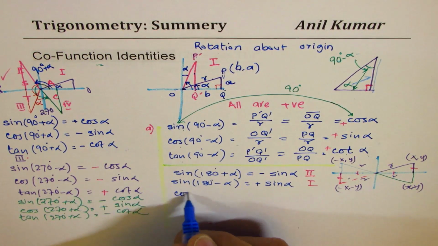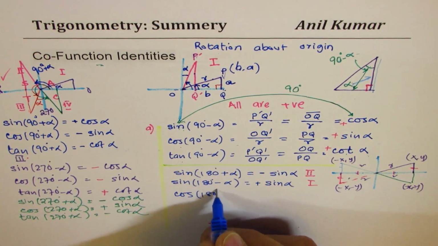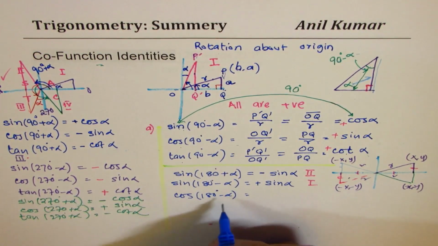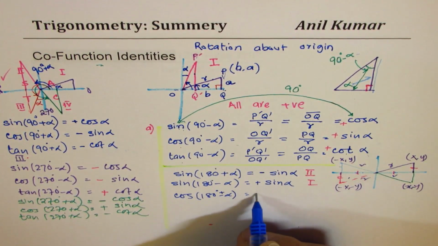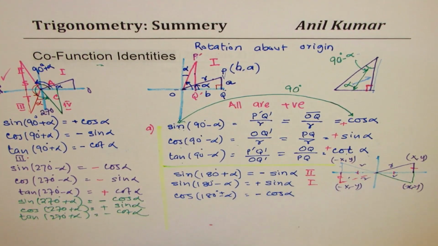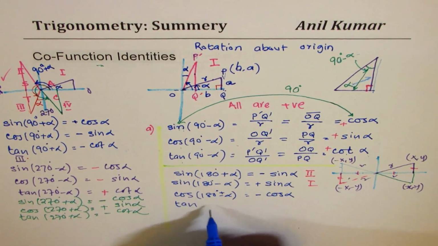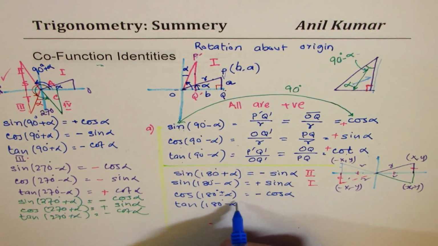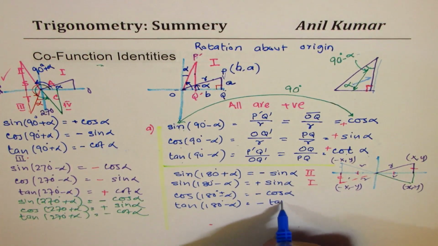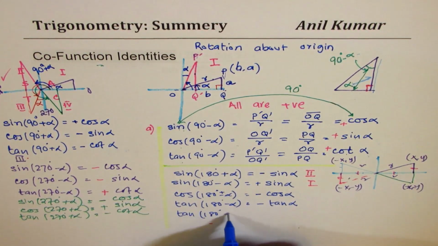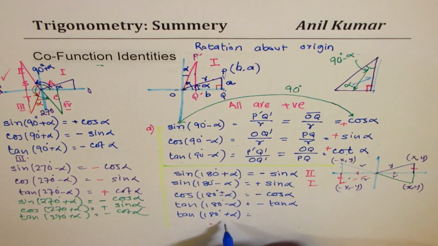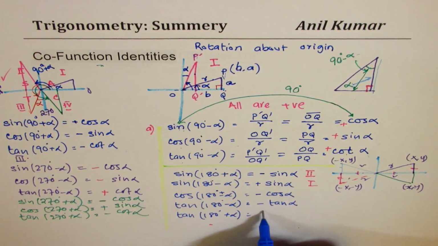If I do cos of 180 degrees minus alpha or plus 180 degrees, for both cos is negative, we get minus cos alpha. But for tan, if I do 180 degrees minus alpha, it is negative tan alpha. And for tan 180 degrees plus alpha, it is going to be positive tan alpha.